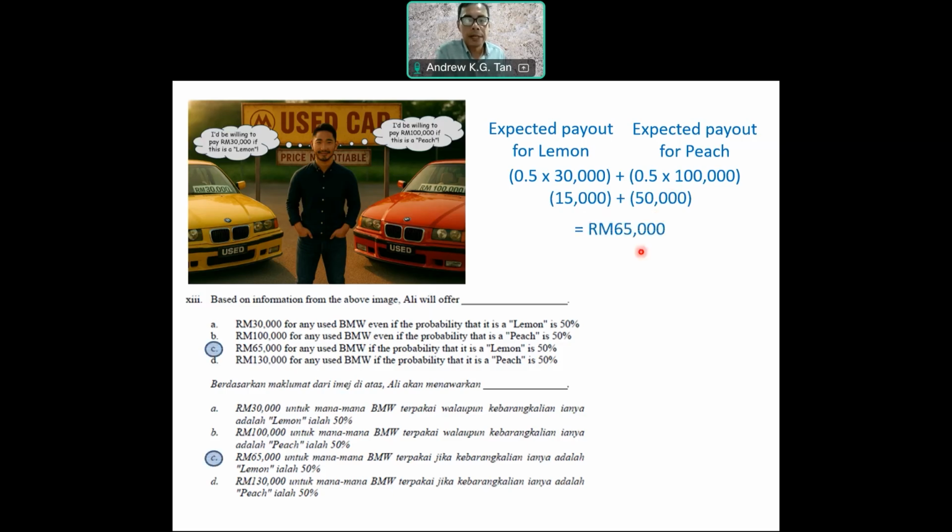So Ali will offer 65,000 ringgit for any used BMW if the probability that it is a lemon is 50%. If the probability that it is a peach is also 50%, he will also offer 65,000 ringgit for any of these BMWs, whether it is a lemon or a peach.